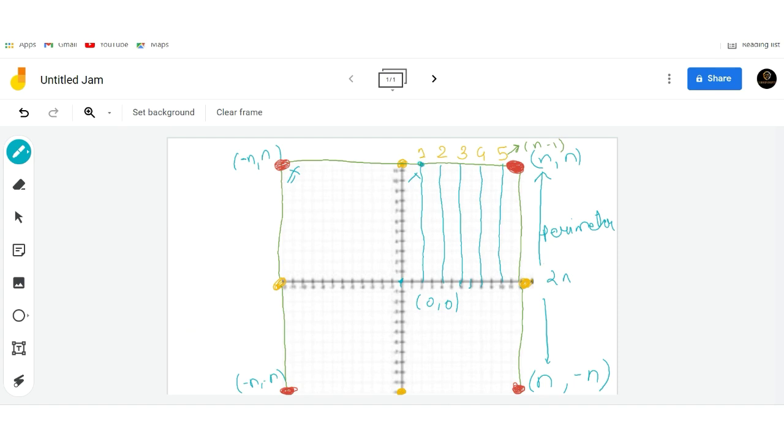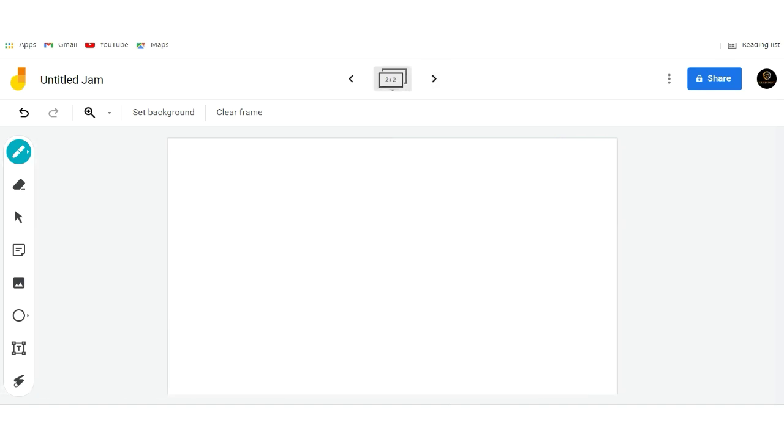So here the number of apples will be how much? It will be n plus 1, and it will be n plus 2, up to n plus n minus 1. So this is the number of apples you are finding in this particular horizontal line. Okay, so let's find its sum. n is occurring how many times? n is occurring n minus 1 times.